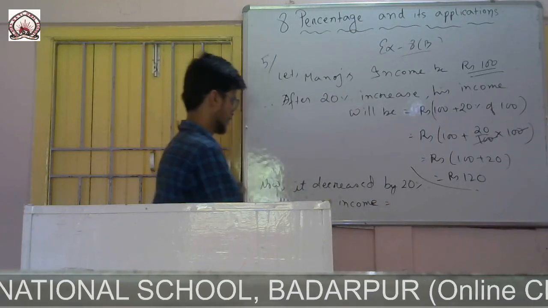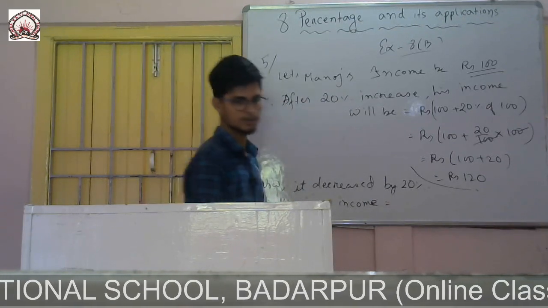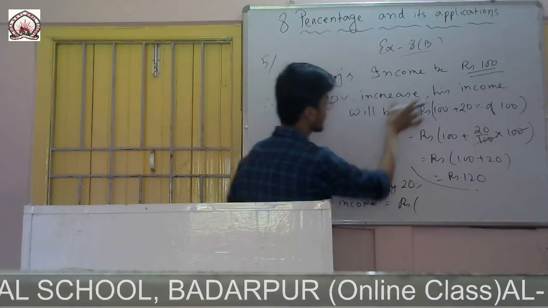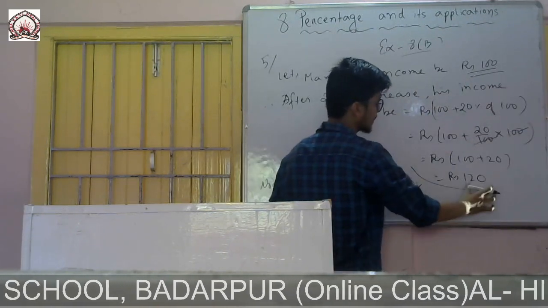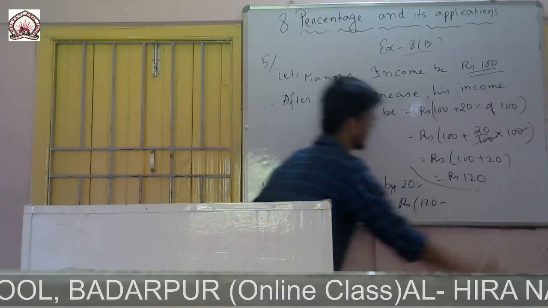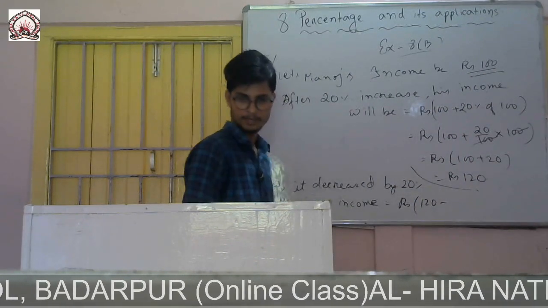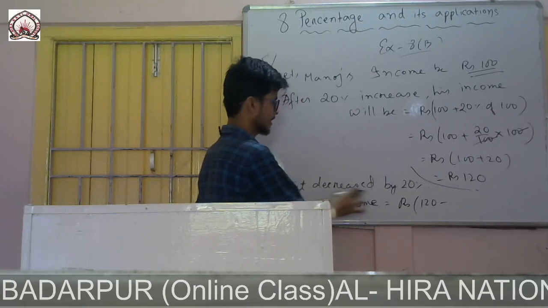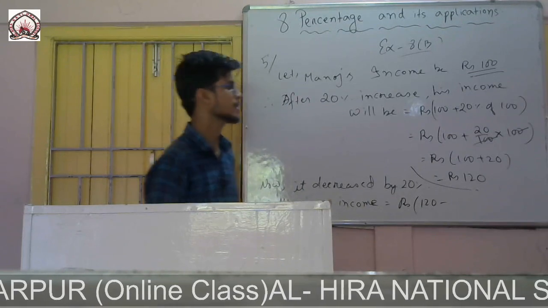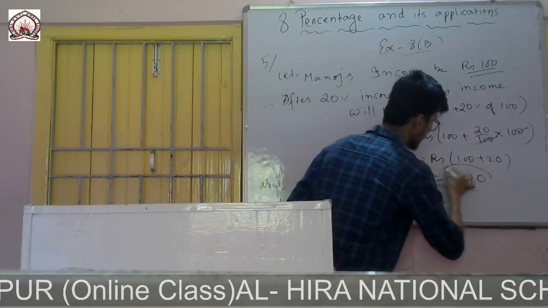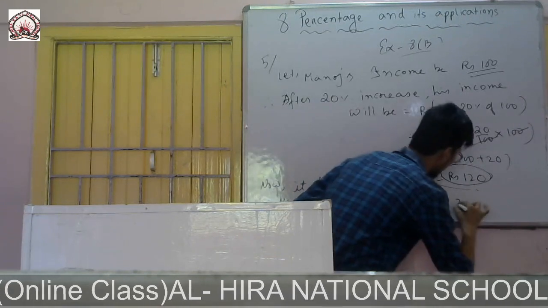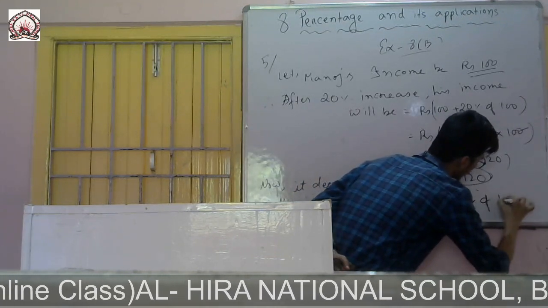His new income will be equal to rupees 120, his income now after it increased from 100, minus, since for a decrease it is minus, 20% of 120. Again listen: 120 is his present income. First it was 100, then it increased 20% and became 120. Whenever we calculate now, we calculate on his present income, so it will be 120 minus 20% of 120, since it decreased and I have to subtract.